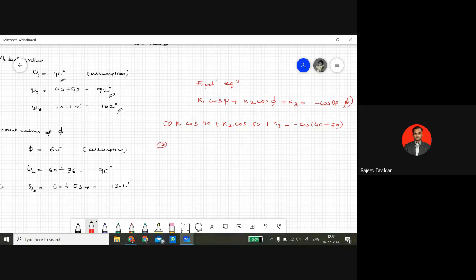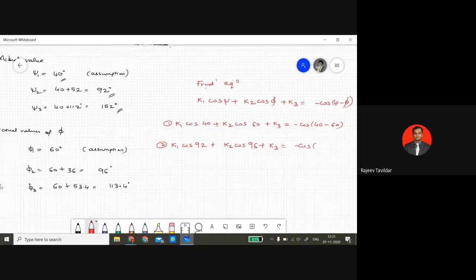Similarly, the second equation will be K1 cos of 92 plus K2 cos of 96, that is phi 2, plus K3 equal to minus cos of 92 minus 96.